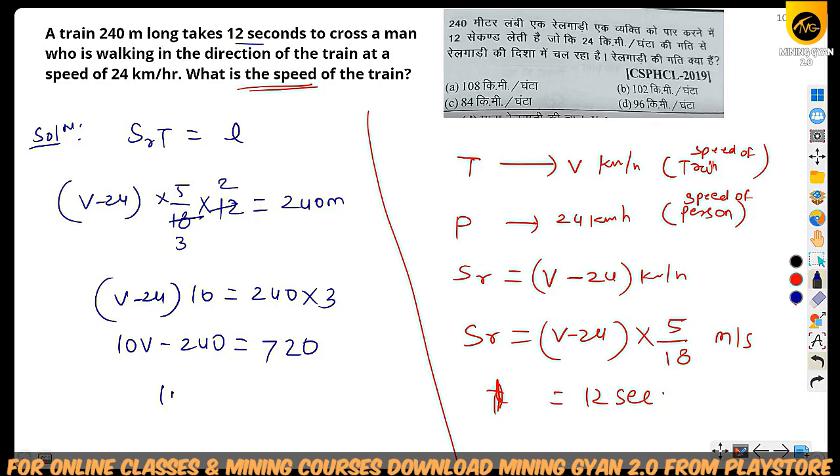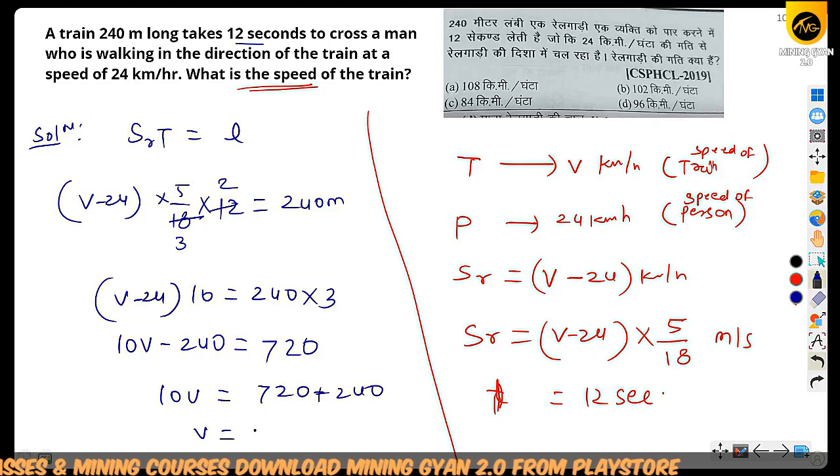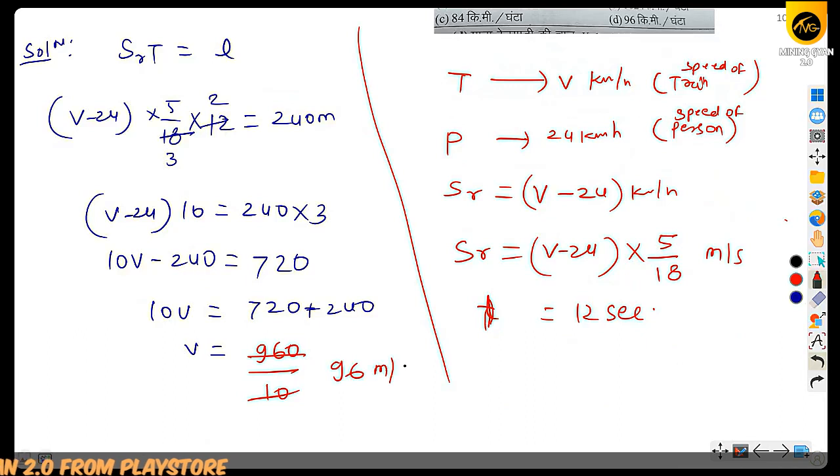So 10v is equal to 720 plus 240, which is 960. So v is 960 divided by 10, so 96 meters per second is the speed of the train. So option D is the correct answer.